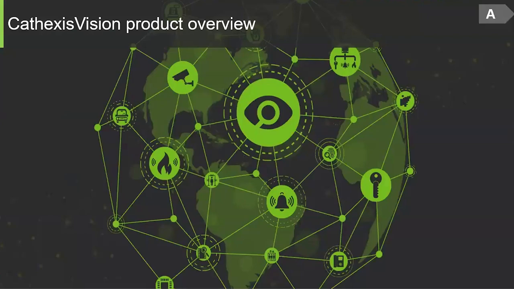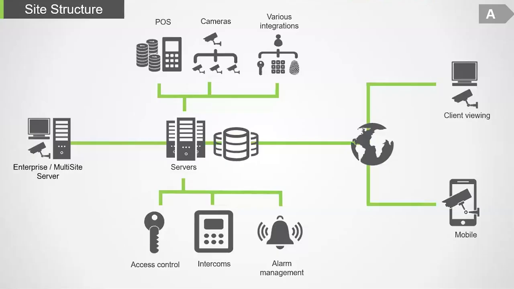Starting with the first section, let us take a look at a site structure. So the most basic building block of CATHEXISVision is a server, or the CATHEXISVision server installation, right? So that's your most basic building block, like you see here. You have a server installation that is put down, and then you have databases that are attached to your server.